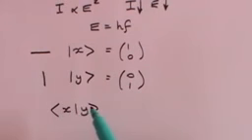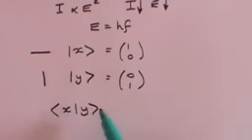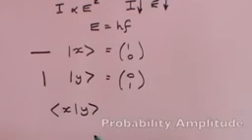And what we say in physics is that the inner product of x with y, that is, you prepare it in y and you try to put it through x, that whole term is what is called the probability amplitude. Not the probability yet, it's the probability amplitude. To get the probability, you have to square it.